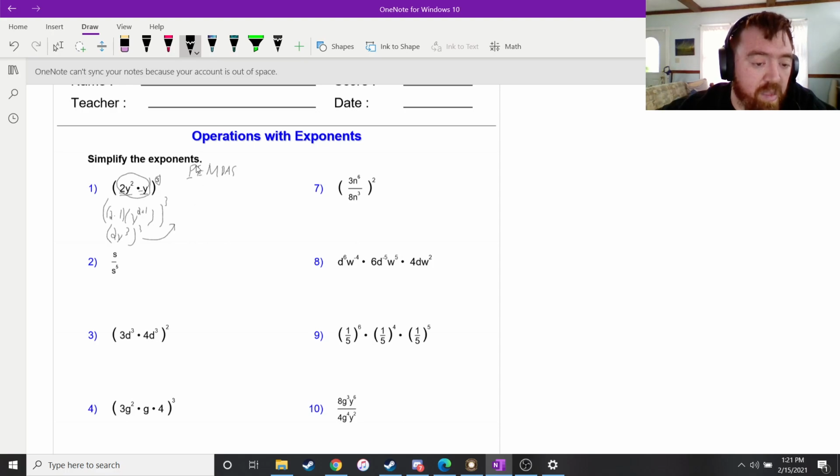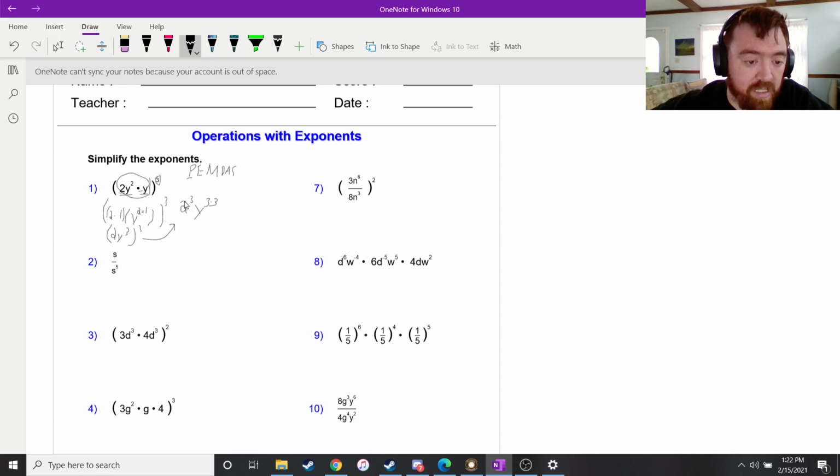Now, we're going to distribute the cubed on the outside of the parentheses. So we're going to take 2 to the third power, and y. So when we're taking an exponent to an exponent, like to another power, we multiply those together. So then it's going to be y 3 times 3.